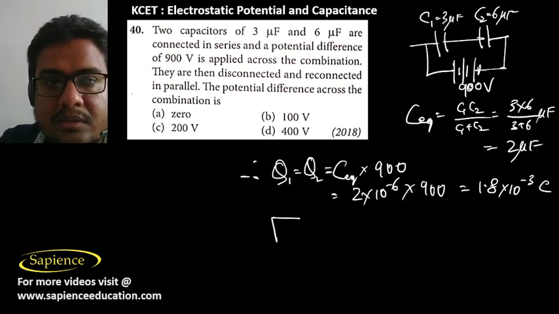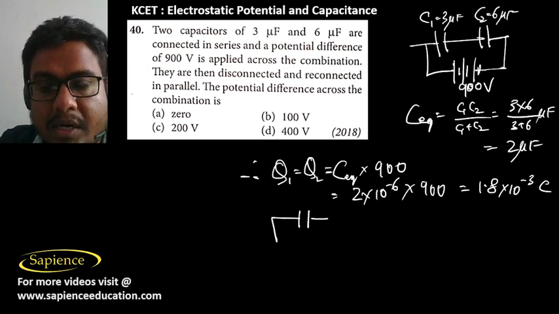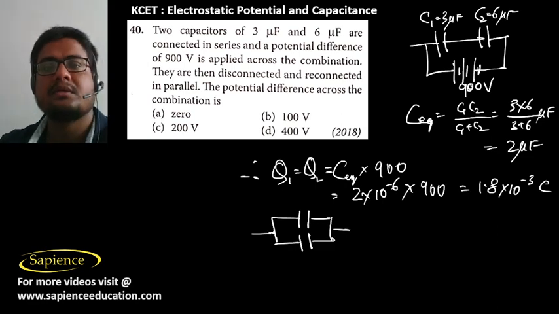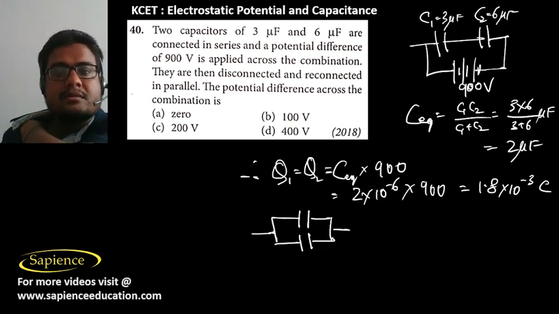Now they are connected in parallel. Then what will be the potential difference across the combination?